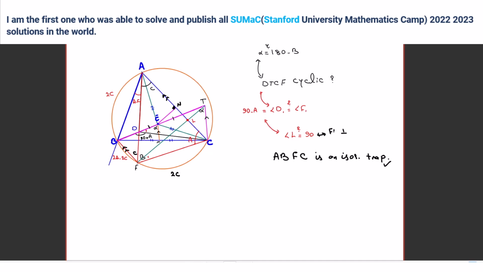And because we proved it is a trapezoid, we should prove FL is perpendicular to FB. So we should prove this angle is 90, right? So how can we prove this angle is 90?